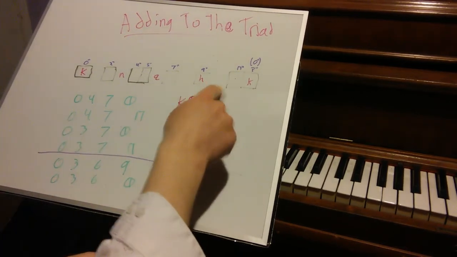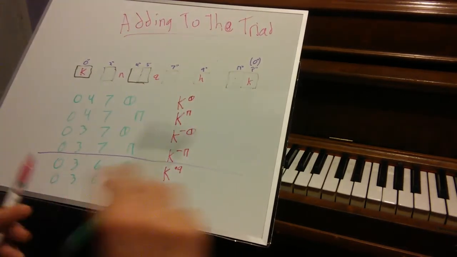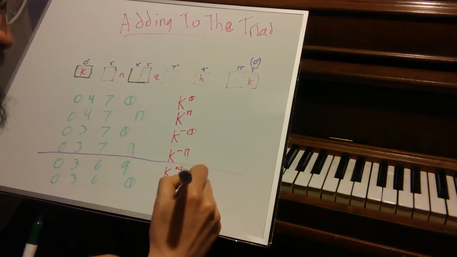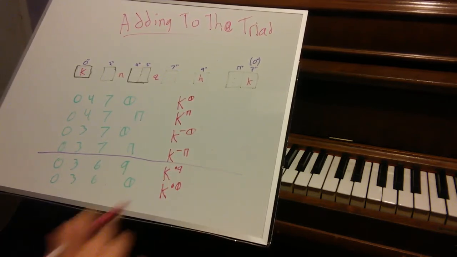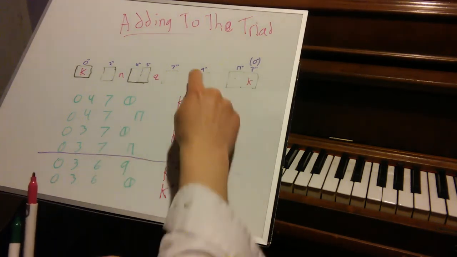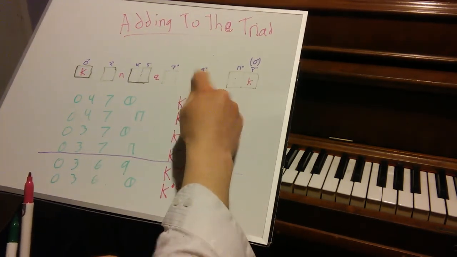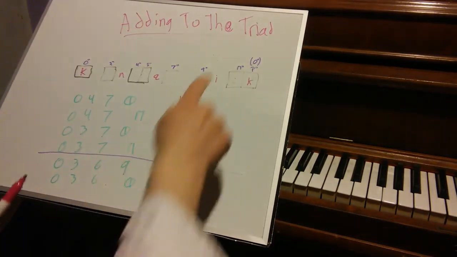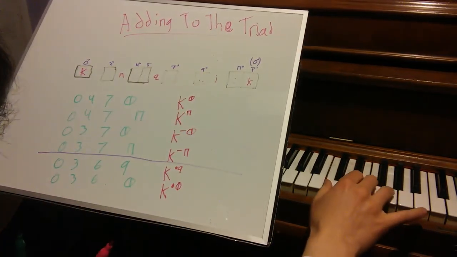So half diminished, fully diminished, and that same thing here, same style. Diminished, and you have 10 there. So instead of H, it'll be I. That's where 10 is. I'll play that there.